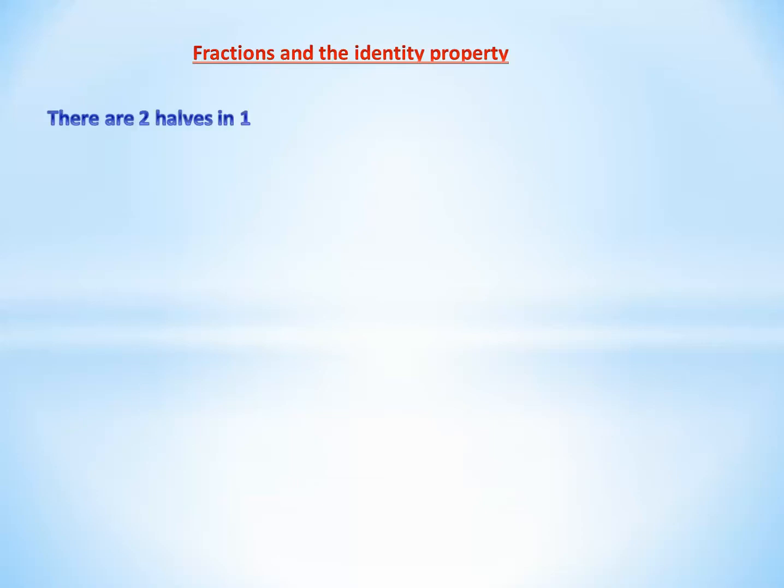How many halves are in 1? 1 equals 2 halves, and 1 equals 3 over 3. So 1 equals 2 over 2 equals 3 over 3 equals 4 over 4 equals a million over a million. So if we multiply half times 1, it will be half.